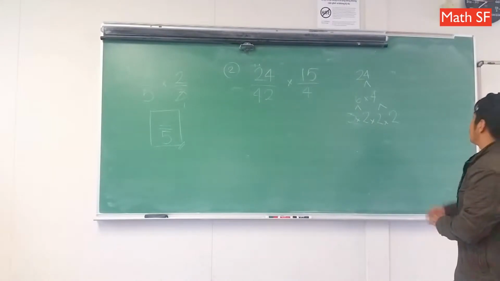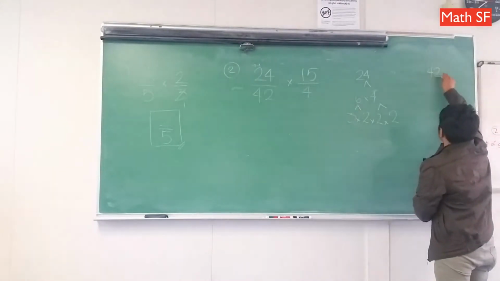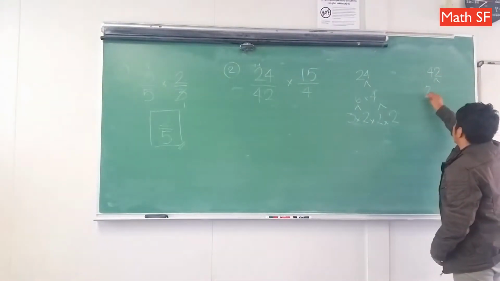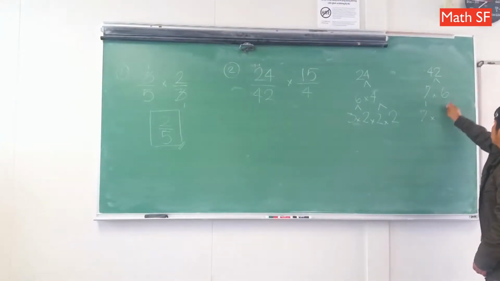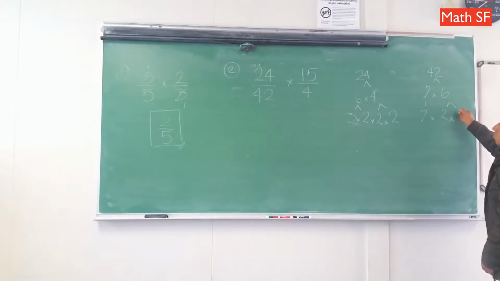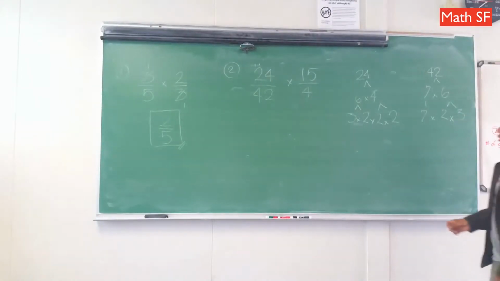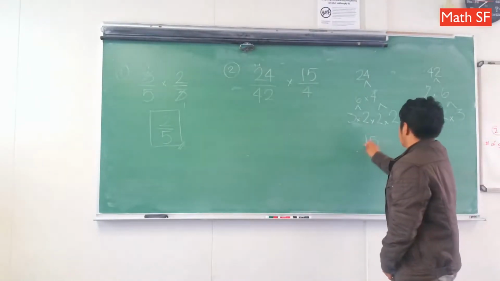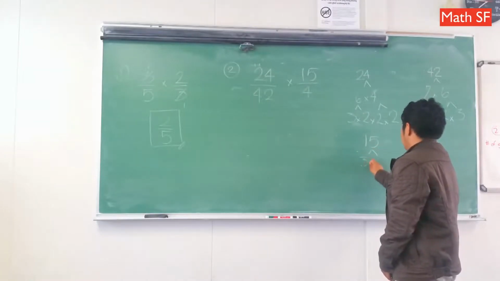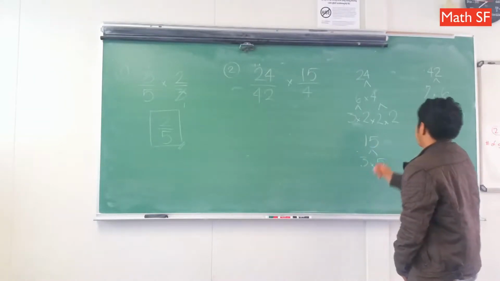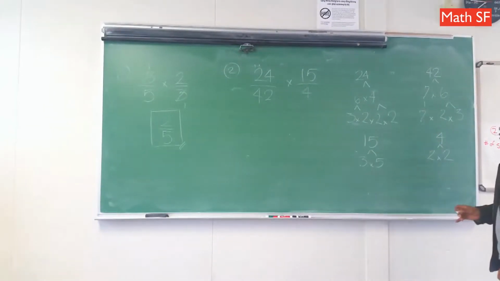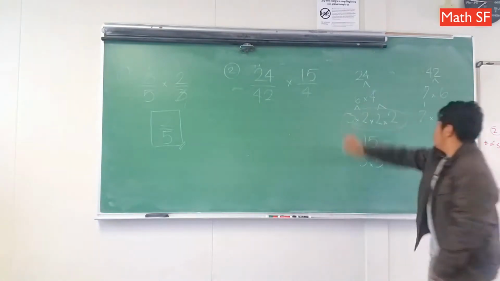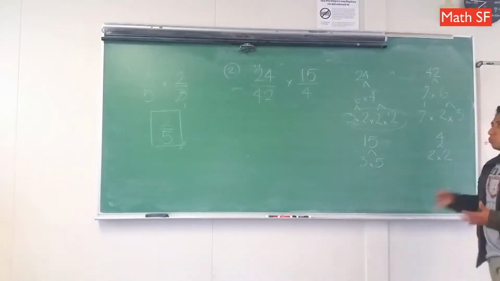Now 42, what is 42? 42 can be a 7 times 6, bring that 7 down, and that 6 can be a 2 times 3. Now the 15. 15 is a 3 times 5, and the number 4 is a 2 times 2. So instead of writing 24, we're going to have to write all of these. 3 times 2 times 2.